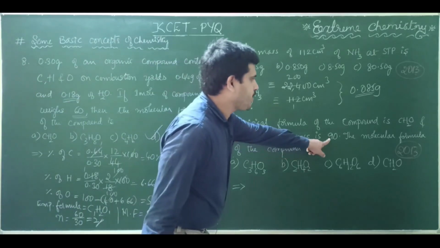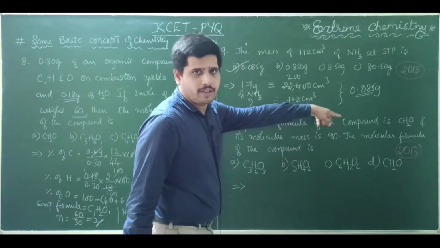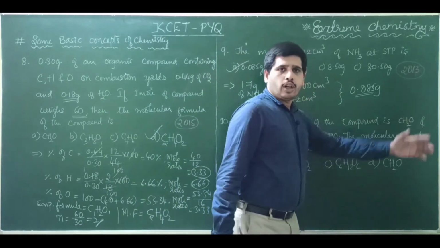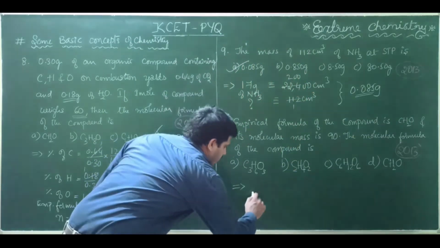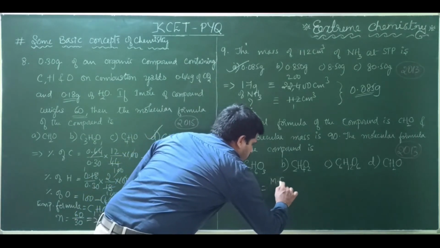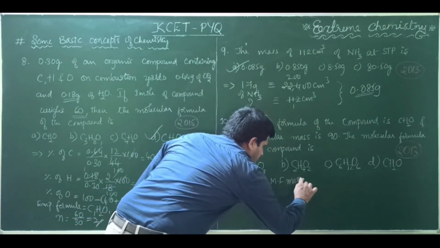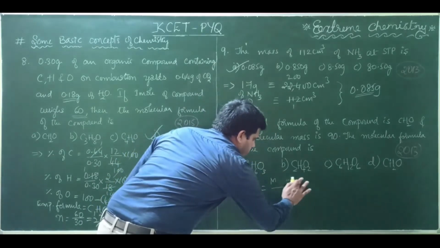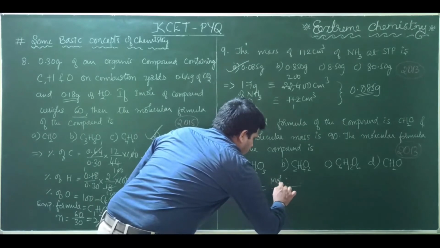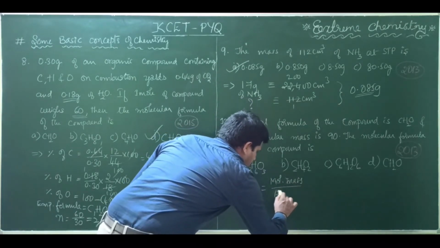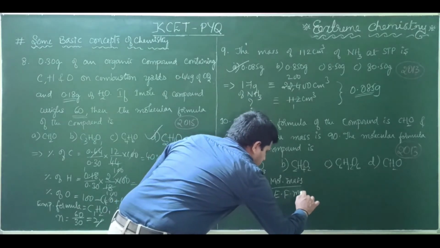Molecular mass is 90. Empirical formula is given. So you find the empirical formula mass by adding atomic masses of those elements. So n is equal to molecular mass divided by empirical formula mass.